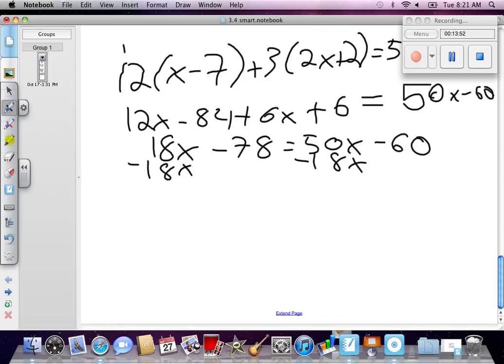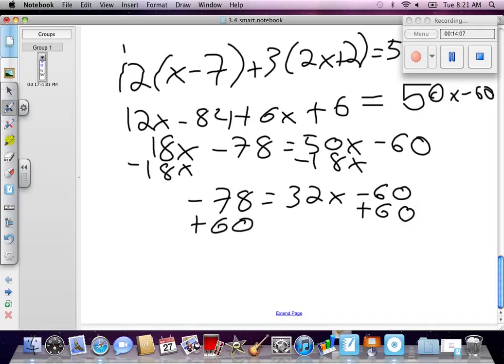50 minus 18 is 32. And then we add 60. 60, 78, we get 18. Negative 18 equals 32x. Divide both sides by 32.